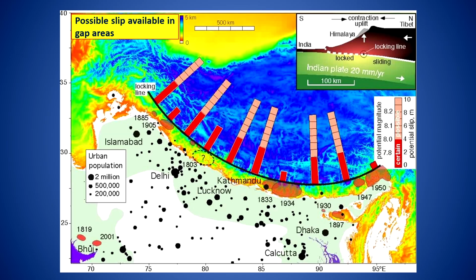If I am not wrong, we had discussed the seismic gaps in the past. What the scientific groups have done is, for example, if I put this as a schematic diagram, and we say that this is the Himalayan arc.